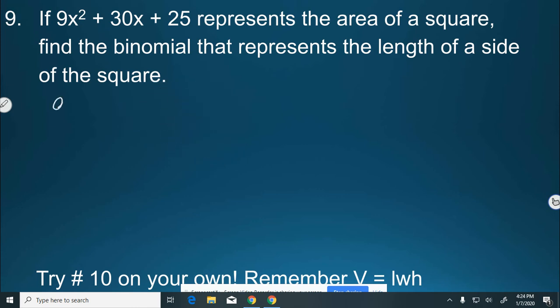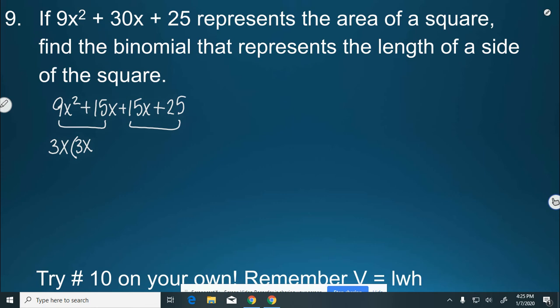So now I want to group 9x squared plus 15x plus another 15x, replacing the 30, plus 25. Group and group. 9 and 15 have 3x in common, and I'm left with 3x times 3x makes 9x squared. 3x times 5 makes 15x, plus 15 and 25 have 5 in common, no x because only one term has an x, and that gives me 3x plus 5 again.